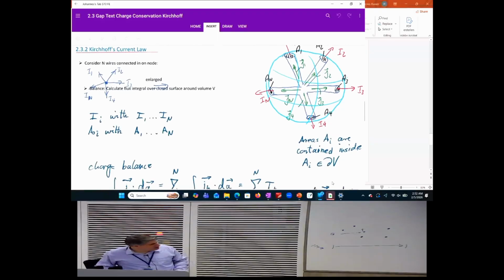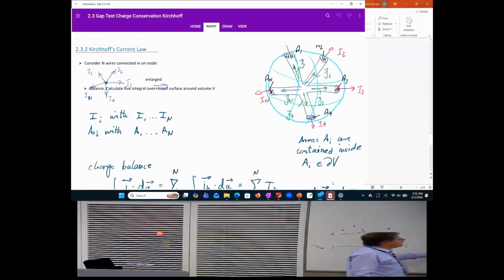And if you look at a node in a circuit, if you have an electric circuit, you depict it by meshes and by nodes, and in any node you have currents flowing in and flowing out. And if you magnify that and think of having a connection of several wires, then you can apply this balance equation.